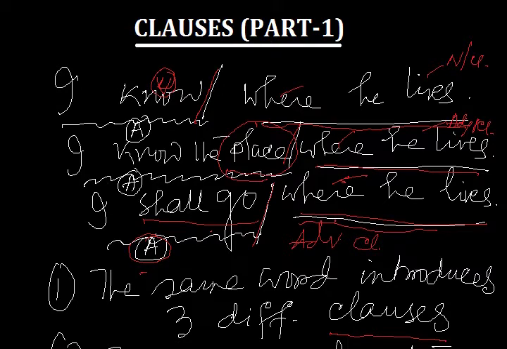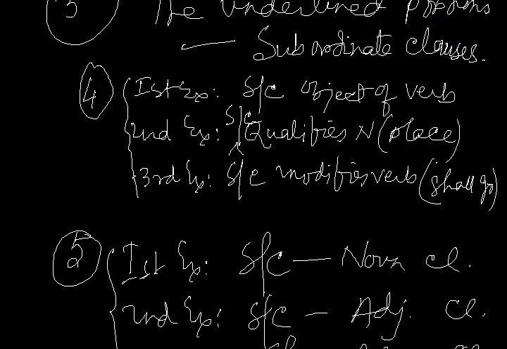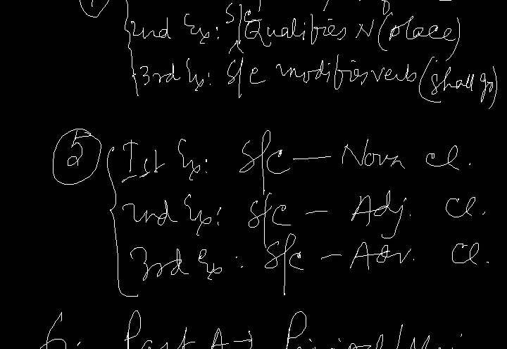So the clause where he lives is the same, but the function is different. In the first sentence, it is a subordinate noun clause. In the second sentence, a subordinate adjective clause. In the third sentence, a subordinate adverb clause.